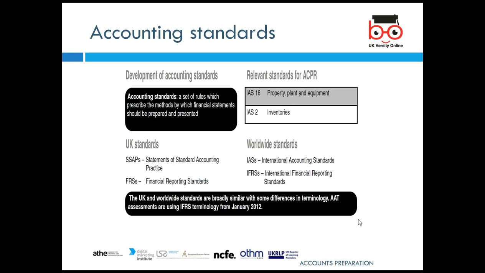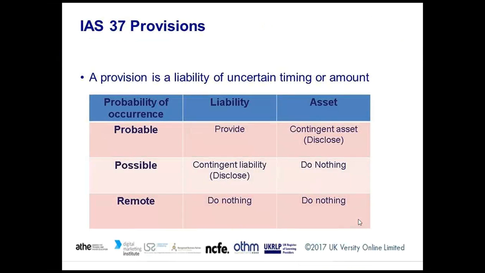IAS is worldwide, and the UK and worldwide standards are broadly similar with some differences in terminology. ATHE is a separate qualification, but the assessments use IFRS, International Financial Reporting terminology, which we can use. These are the accounting standards we can discuss to address the learning outcome.